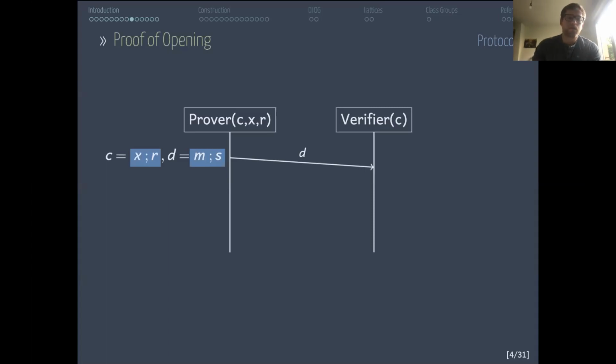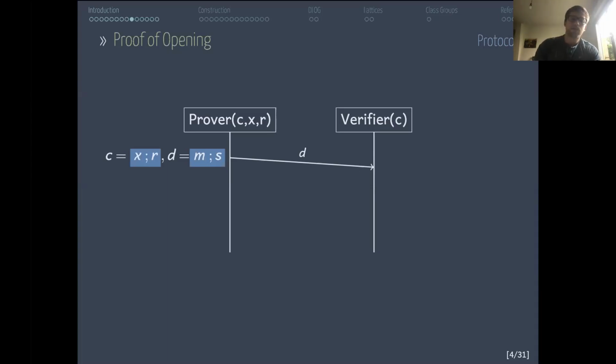So first of all, we have our prover. The statement is the commitment, so the verifier also has access to the commitment, and the prover in addition has access to the witness, which is the opening of the commitment, so the message X and the randomness R. And now the prover first of all draws two random masks, a mask for the message X, which will be called M, and a mask for the randomness R, which we call S. And then we commit to both masks and send it to the verifier.